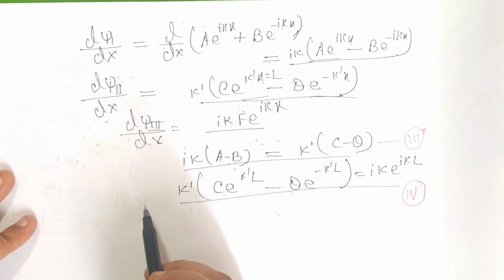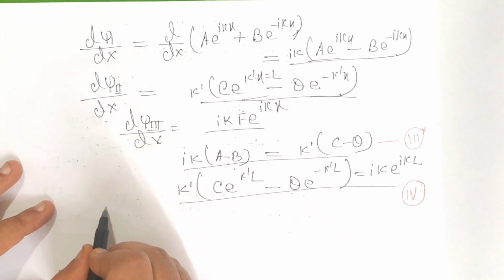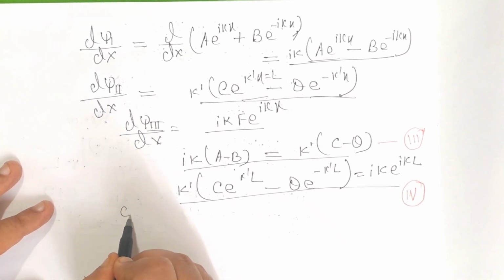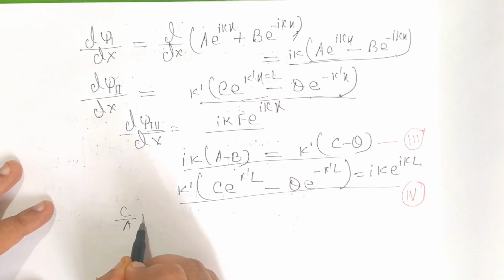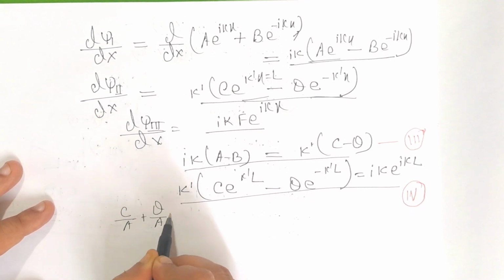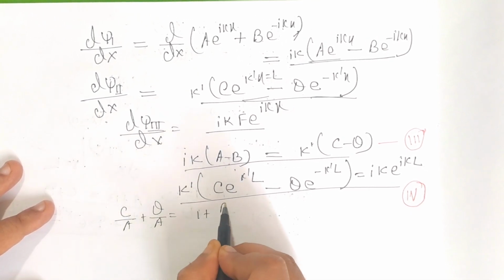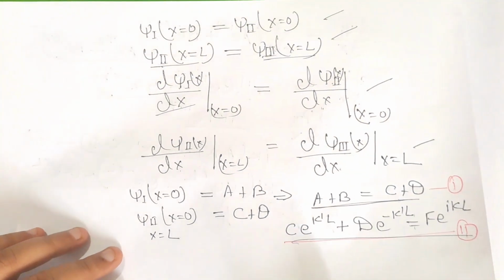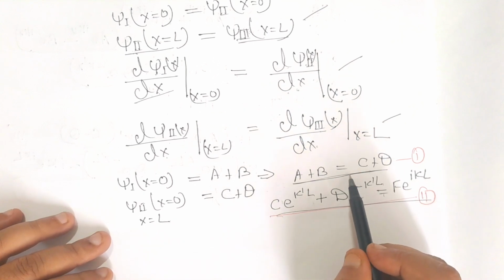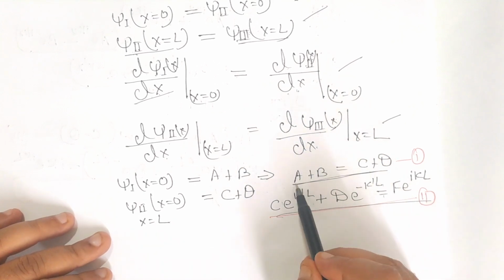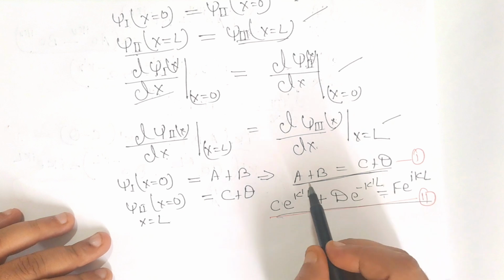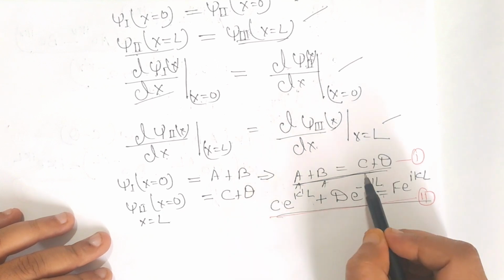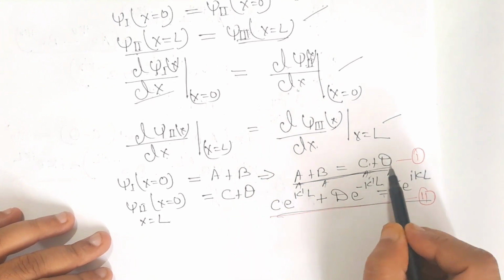So we can rearrange and we can get c by a plus d by a equal to 1 plus b by a. We have divided this equation by a.